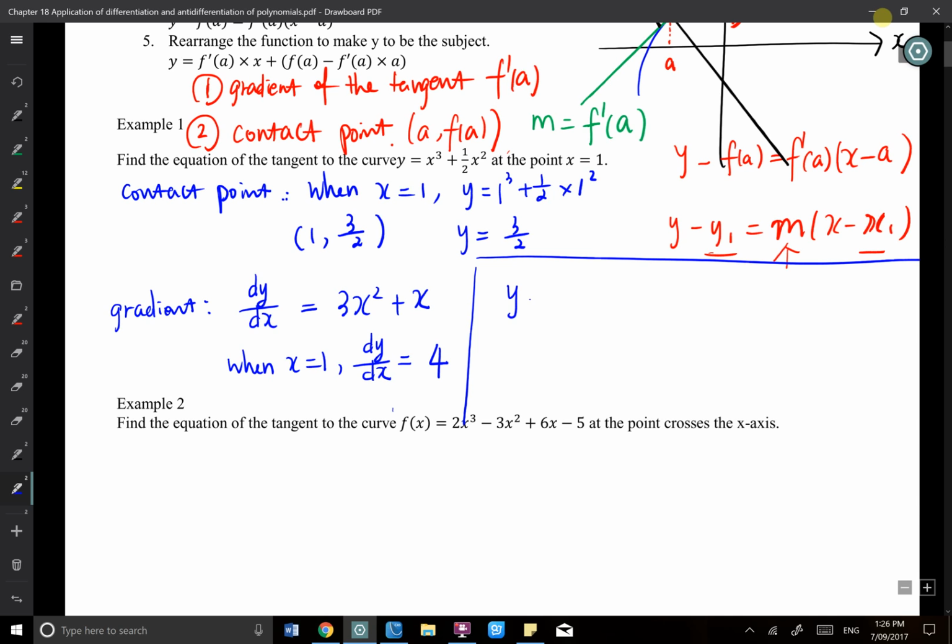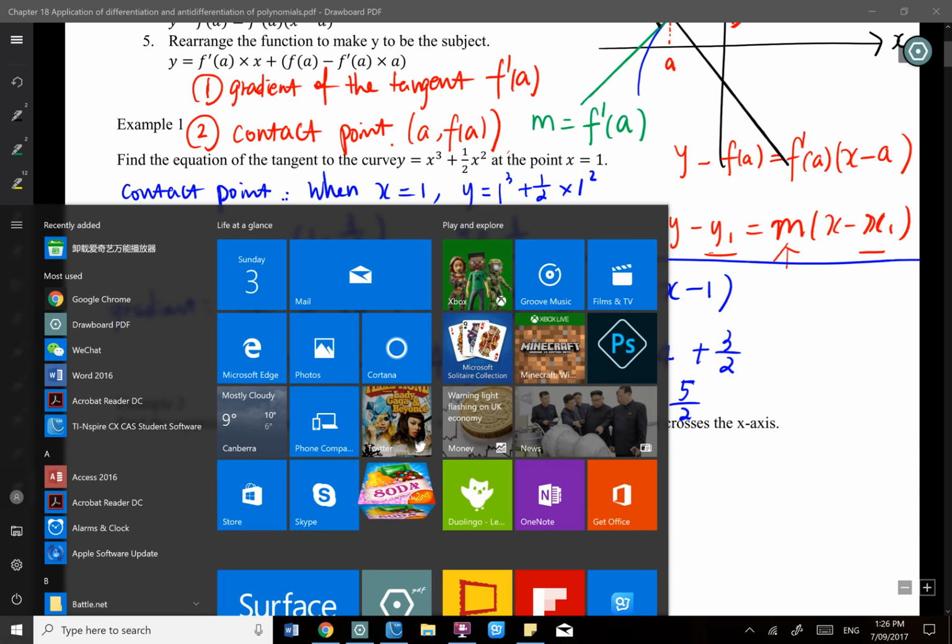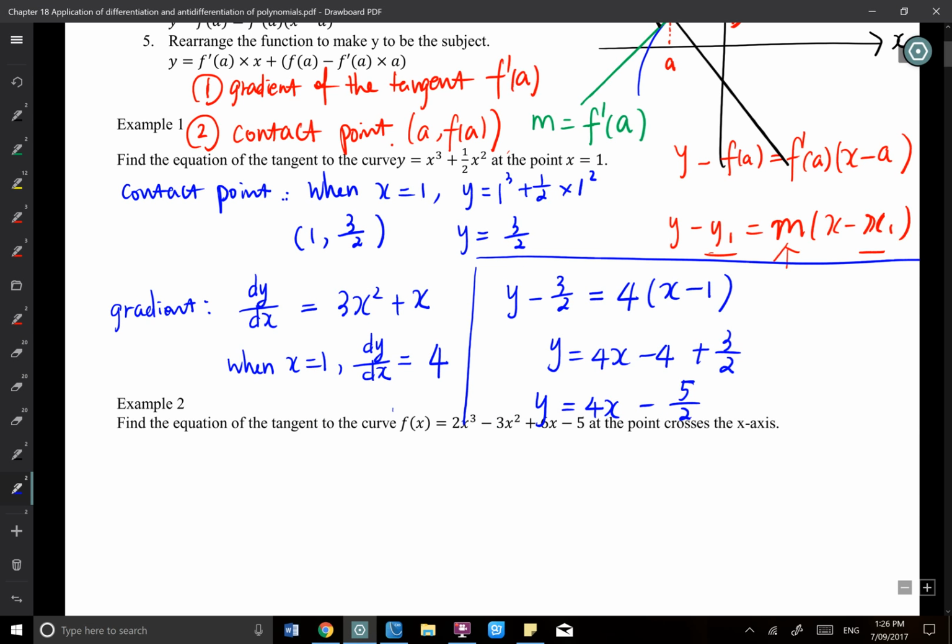Using y minus y1 equals gradient times (x minus x1), y equals 4x minus 4 plus 3 over 2, that's y equals 4x minus 5 over 2. That is the tangent at that point.